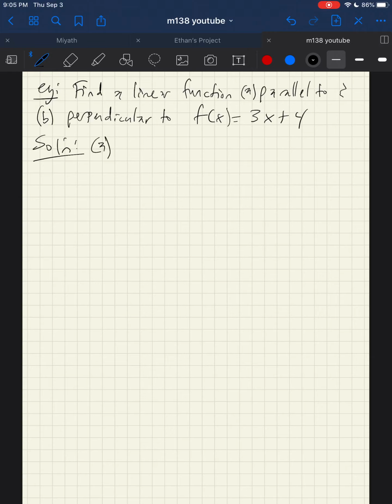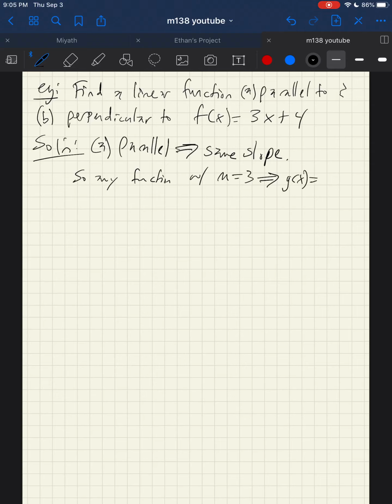For A, for parallel, we need the same slope. So any function with m equals 3 will do. Let's set g of x equal to 3x plus 9. The 9 is not special. This is the important part, that it has the same slope as this.